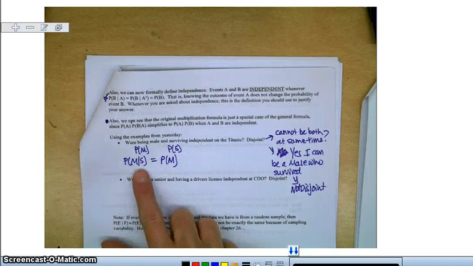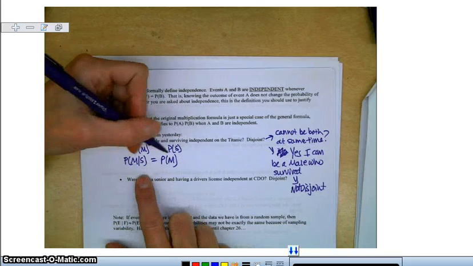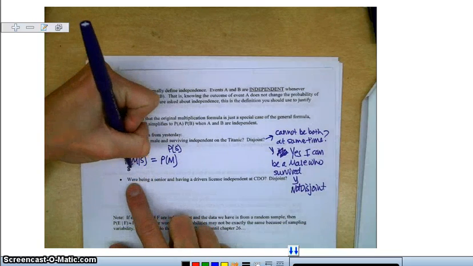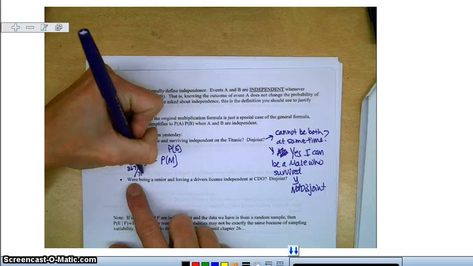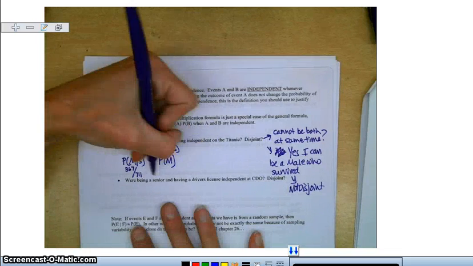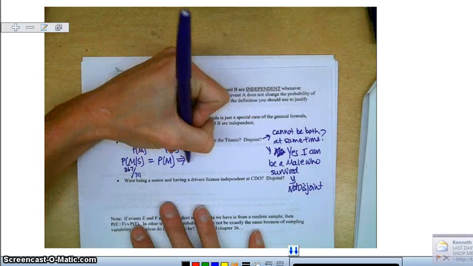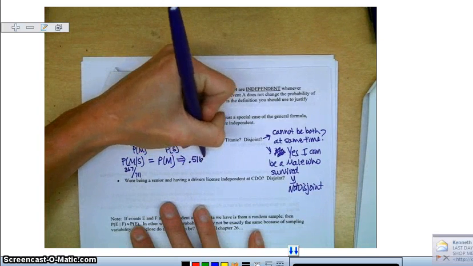So the probability that they were a male, given that they survived, from the notes before, was 367 over 711, which if I divide that would be 0.5162.